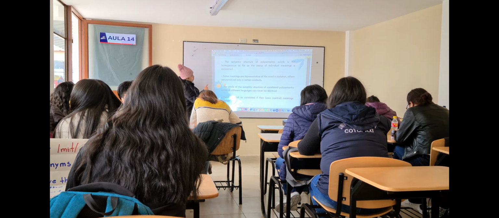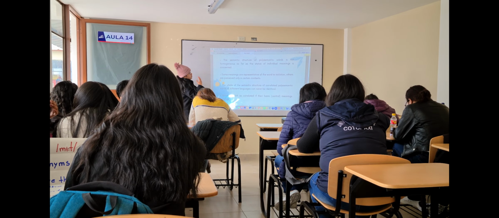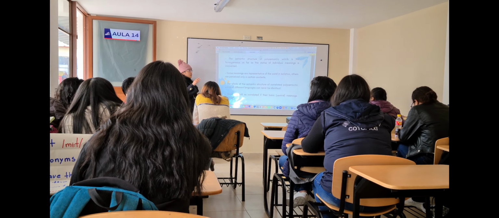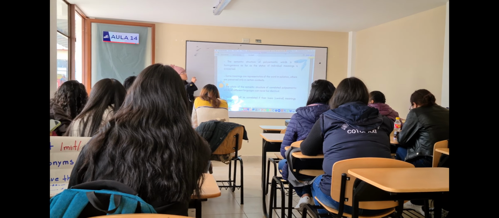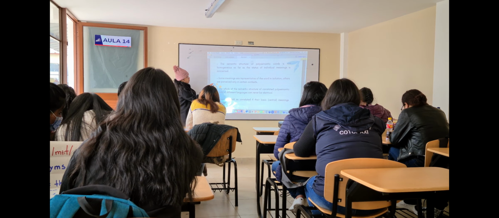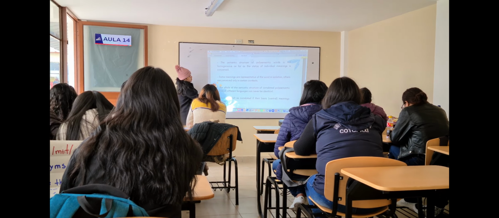The semantic structure of polysemantic words is not homogeneous as far as the status of individual meanings is concerned. In other words, every word can have a different meaning depending on the context in which I use it. Some meanings are representative of the word in isolation, others are perceived only in certain contexts.